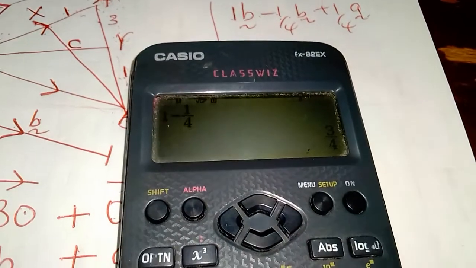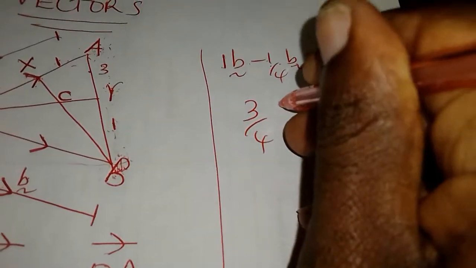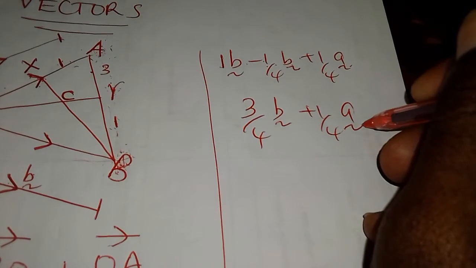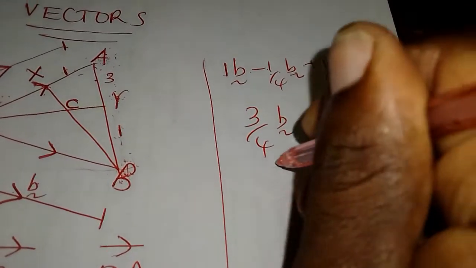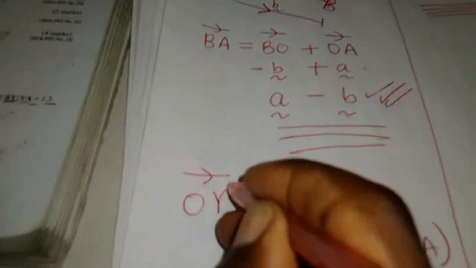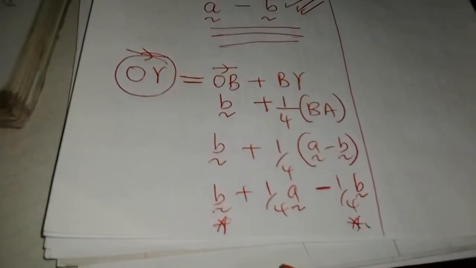So this is the same as saying 3 over 4 B vector plus a quarter A vector. That one gives us the final answer as far as OY is concerned.